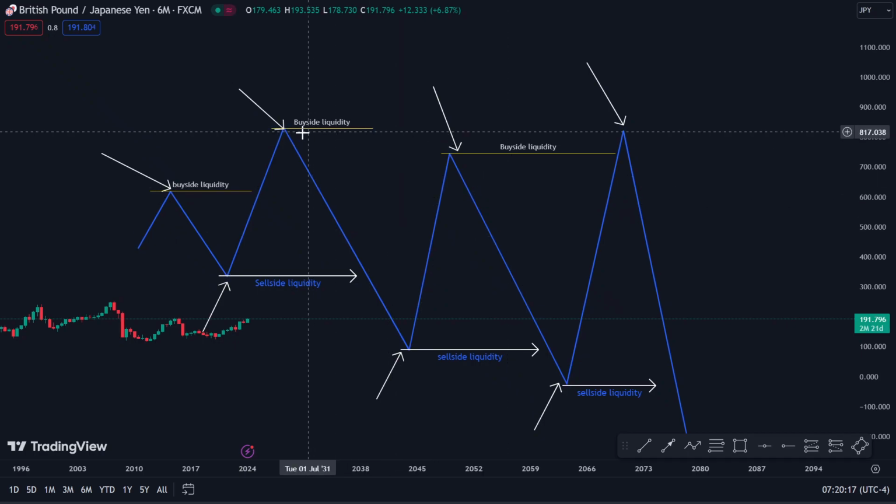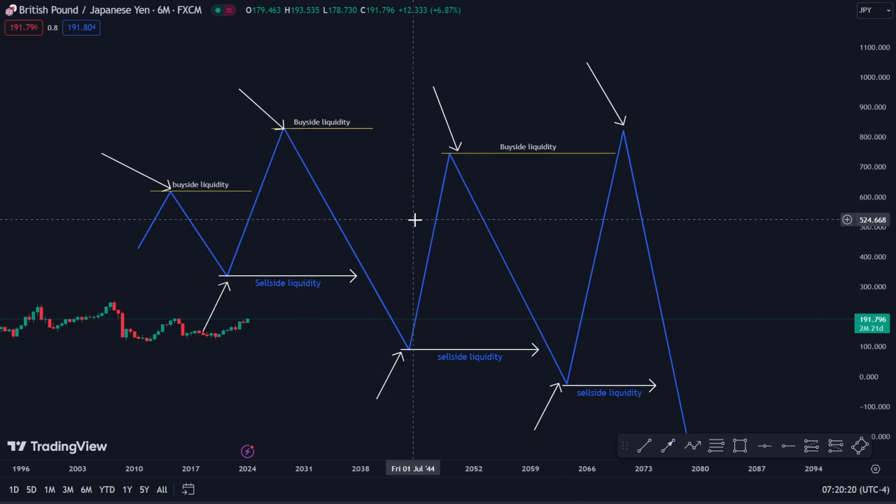So I hope that formed a great foundation as far as the buy stops and the sell stops are concerned, and the buy side and the sell side liquidity.